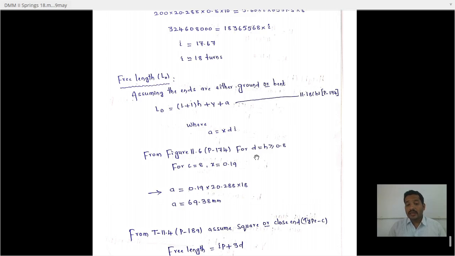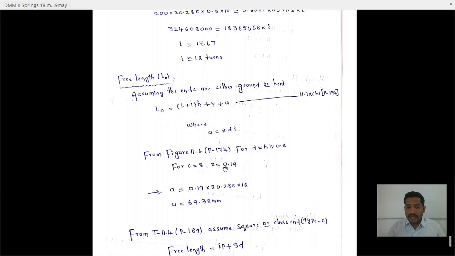For D, this D should be equal to H, it should be greater or lesser than or equal to 0.8. We have to observe here. C is the spring index, which we got as 8, and this X value is 0.19.